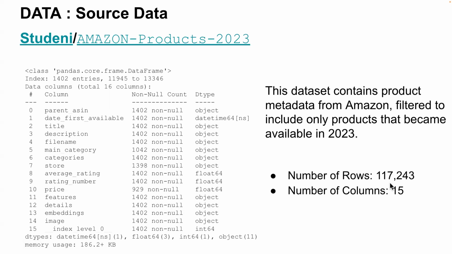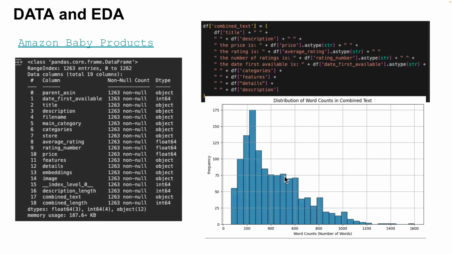Overall, the data has about 117,000 products. For our model, we only use the products related to baby, so overall we have 1,263 products. To improve our embedding context, we generated a new column called combined text.